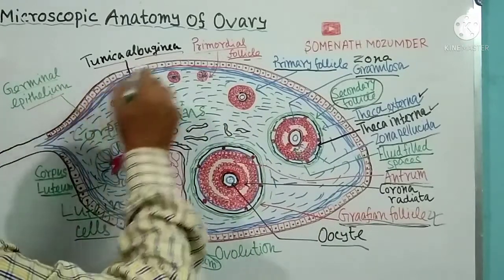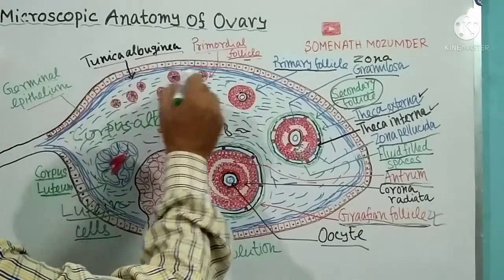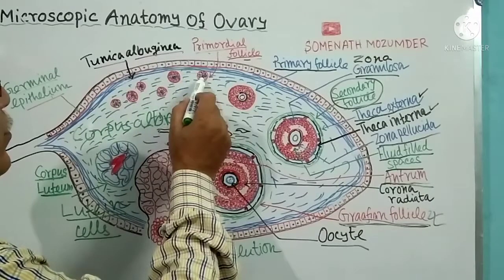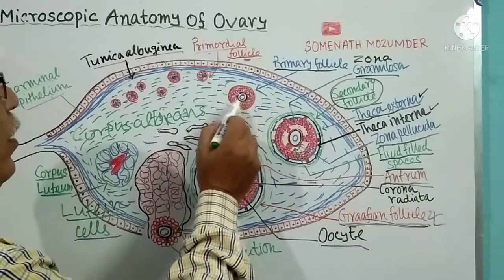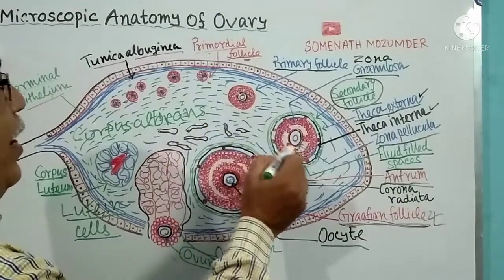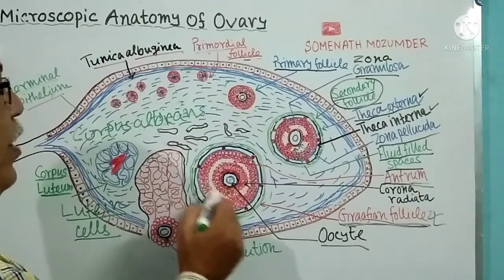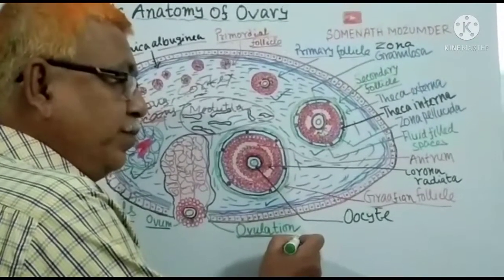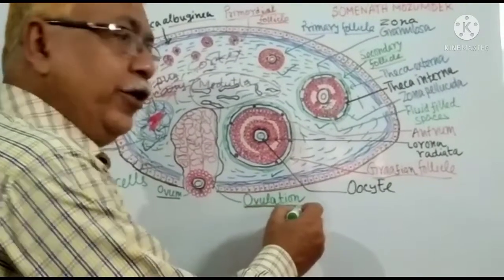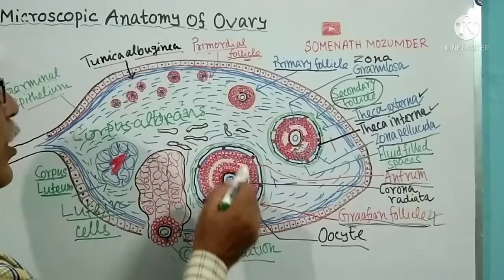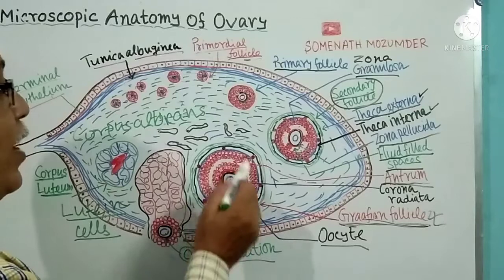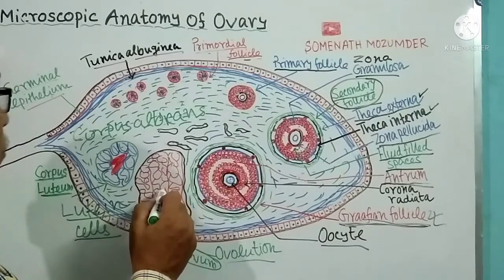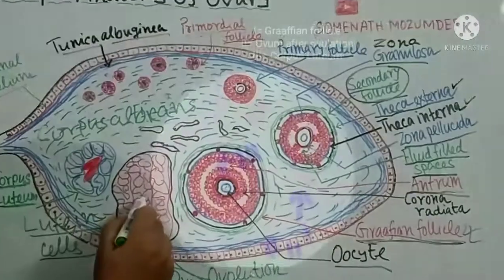Germinal epithelium, Tunica albuginea, primordial follicles, primary follicle, secondary follicle, Graafian follicle. Ovulation takes place. After ovulation, transformation of granulosa cells, that is zona granulosa, into Corpus luteum.